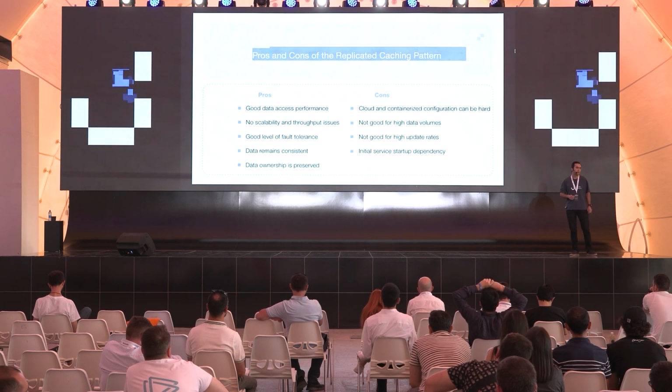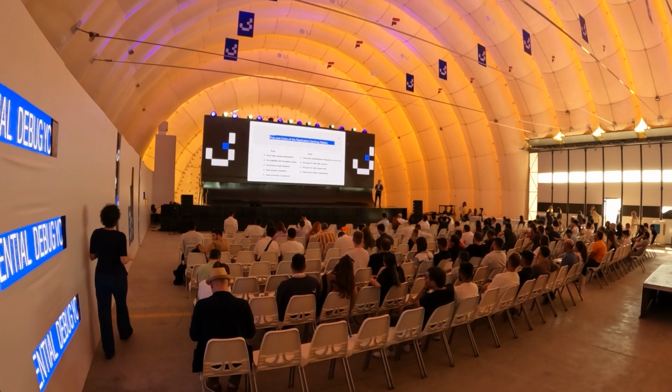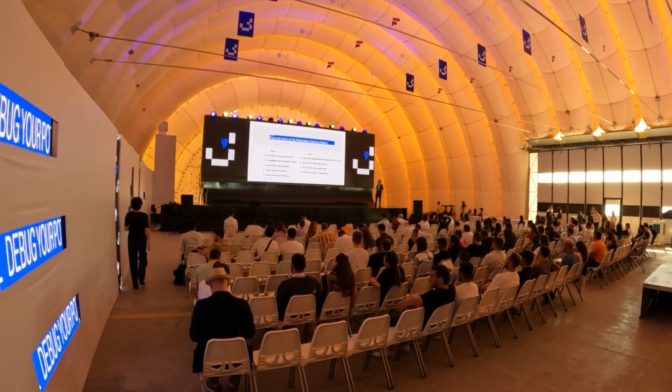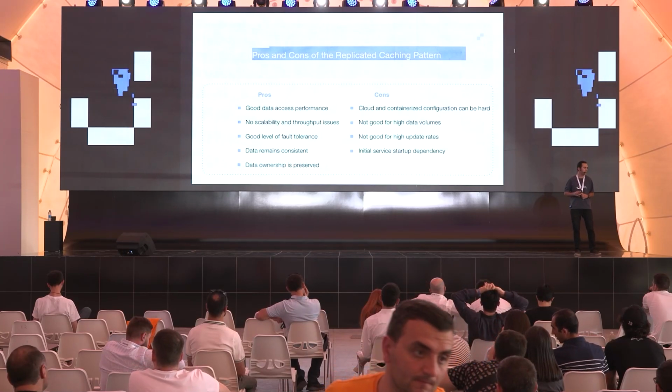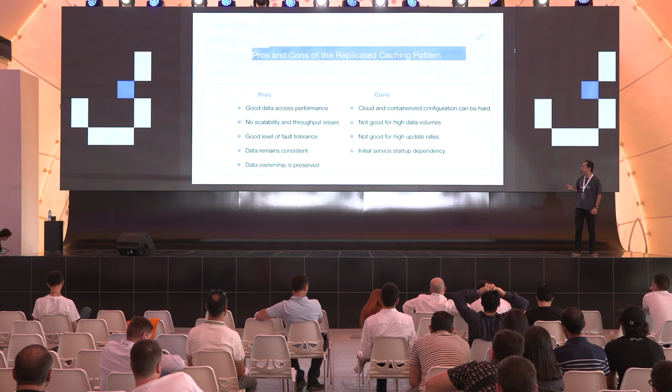So in general, it is a hard and complex task to set up a replicated or distributed cache. It is not good for high data volumes because data should be replicated in different places, and also not good for high update rates, because if update rates are high, then the synchronization process will lead to data inconsistency.